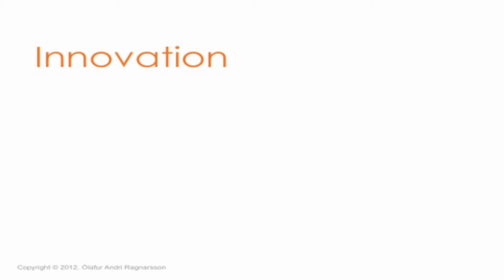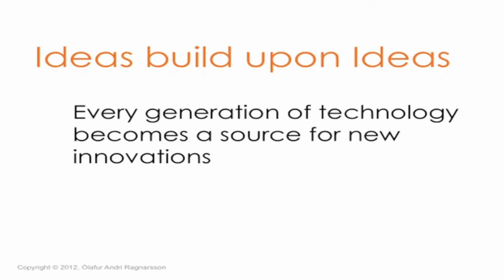But to recap what we were talking about on Monday, ideas build upon ideas. Every generation of technology becomes a source for new invention. This is an evolutionary process. There's generation, just like in biology, next generation, and so on. Some technology dies, new technology comes along.